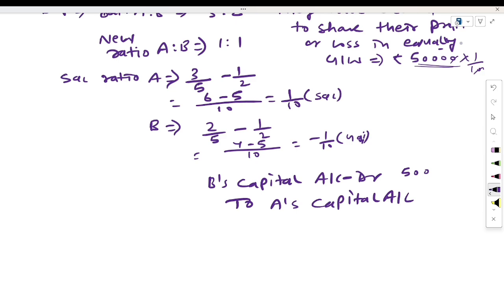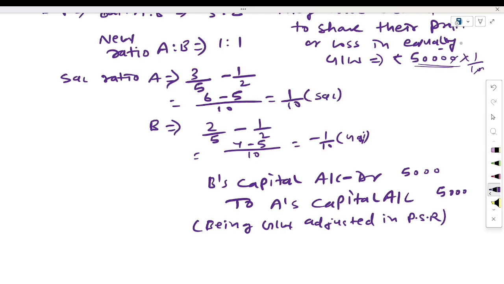It means B will compensate 5,000 on behalf of A. Here you can also write the narration: being goodwill adjusted in profit sharing ratio. So this is all about the treatment of goodwill.